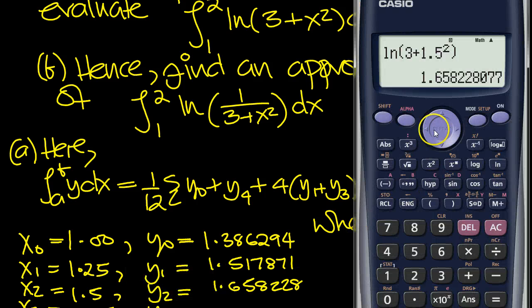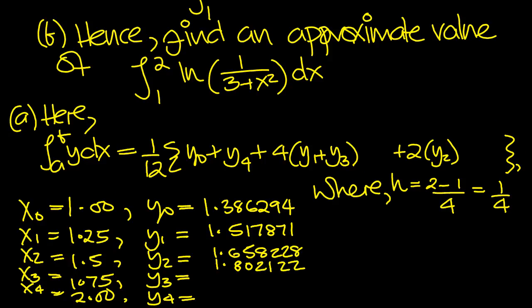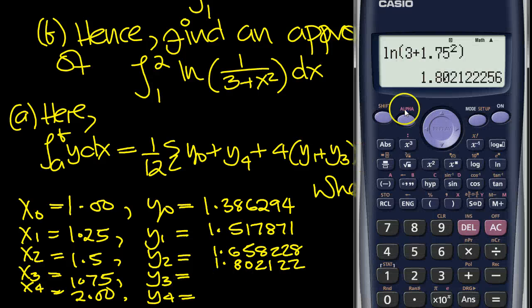Next one will be 1.75 now, which gives 1.802122. And that was y3. And then y4 when we put 2 in gives 1.945910.